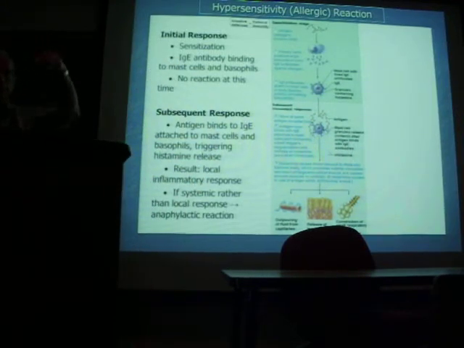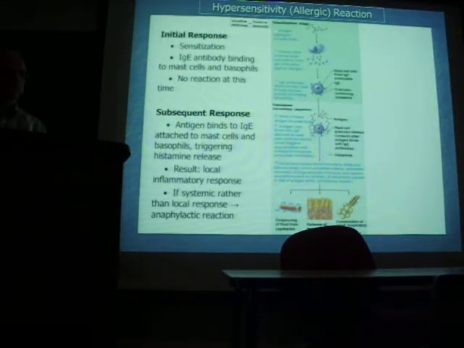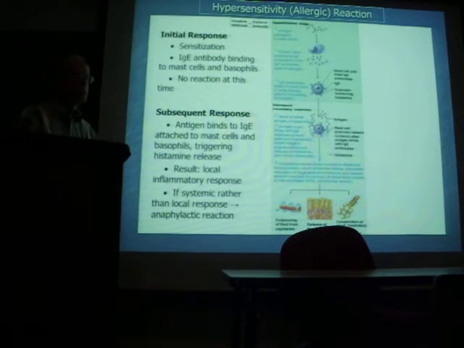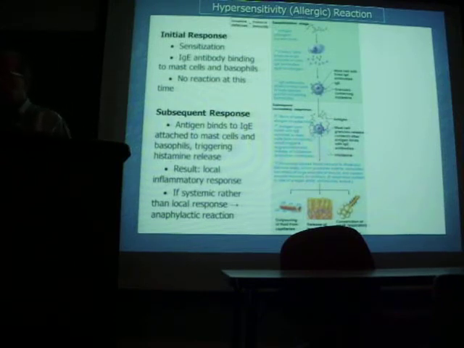Drops, doesn't it? So that kind of reaction is known as an anaphylactic reaction. It's potentially fatal. Some people have these, like some people who are, say, sensitive to bee stings.